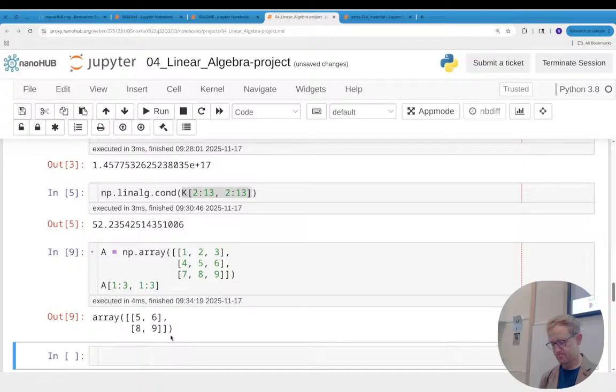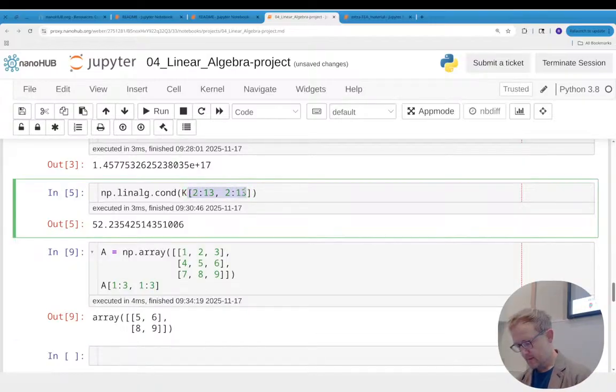Good. So in this case, we're doing the same thing. We're getting a subset of that K matrix, but we're skipping the first 2 rows, first 2 columns, and then it's length 14. So we're skipping the last row and the last column.